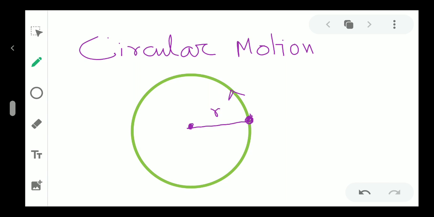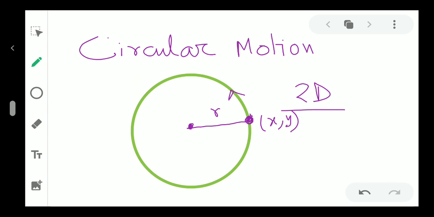That means the r is always fixed and the stone is revolving in the circle. So this whole thing is happening in a two-dimensional plane, right? Because when something is moving, you can always assign some x coordinate and some y coordinate to that stone, because this whole thing is happening in a single plane.